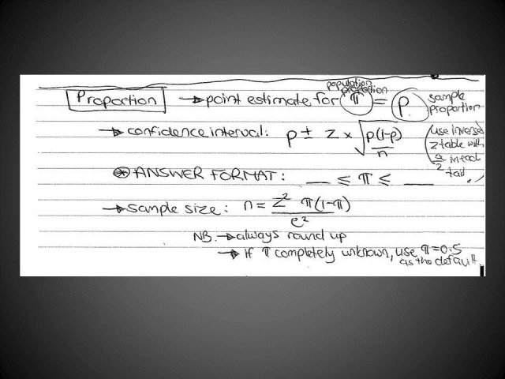So if pi happened to really be 0.3, it wouldn't matter. This formula would have still given you a sample size that's appropriate. Whether pi was really 0.99, it doesn't matter. 0.5 as a default value will give you the maximum n that you could need. So a few practical things, again: round up when you do a sample size for proportions.